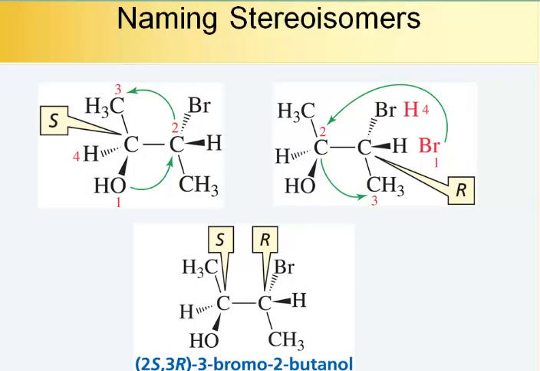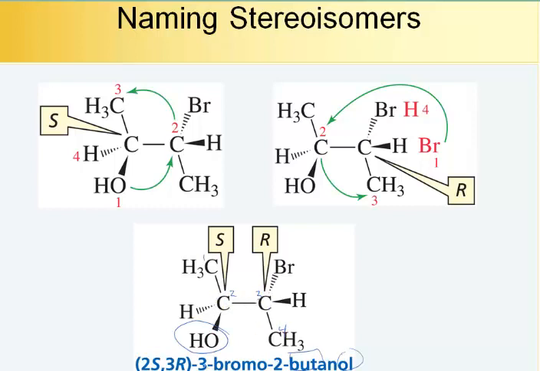So in order to name this, we have assigned S and R to our asymmetric centers, and we need to find our longest chain. We have a 4-carbon chain, which means I have a bute, and I have this alcohol group, which means I have an OL at the end. This is on carbon 2. If this is 1, this is 2, here's 3 and 4. The alcohol has priority, so that's going to be 2-butanol, so let's name the rest.